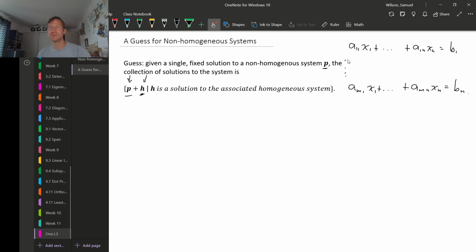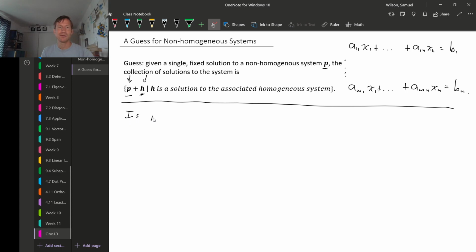Okay, so here's our non-homogeneous system. Of course, the associated homogeneous system would be the same thing, but with zeros on the right-hand side instead of b's. Okay, so first, let's check: is p plus h a solution to the non-homogeneous system?